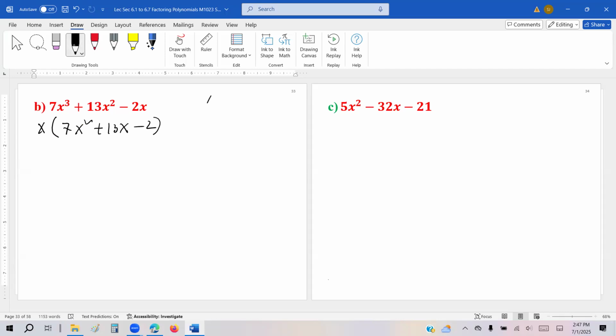And then let's use the AC method now. AC method means what? 7 times -2, we get -14. And what gives -14 that turns into positive 13? 14 and 1. What sign does 14 have to have?